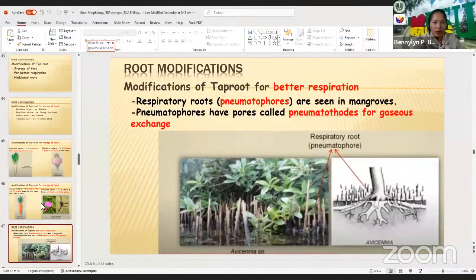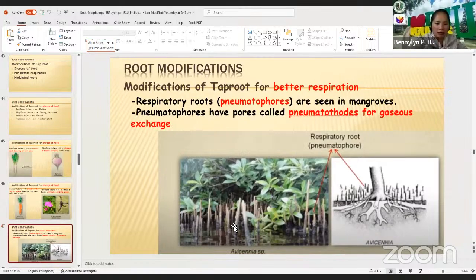For modification of taproot for better respiration, we have here Avicennia sp. It is the respiratory roots, or the pneumatophores, which are seen in mangroves. These pneumatophores have pores called pneumathodes for gaseous exchange.